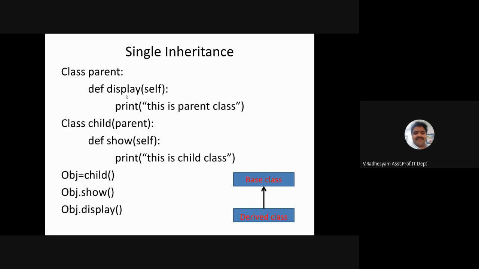Fine. Now I am considering another class called child, but here you observe a difference. After writing the child class, I have started with some brackets, and inside that bracket I have kept parent. That means there is a relationship between parent and child in these two classes.